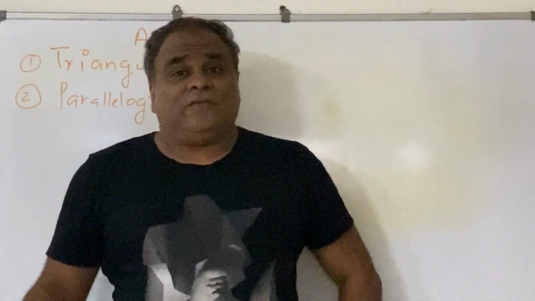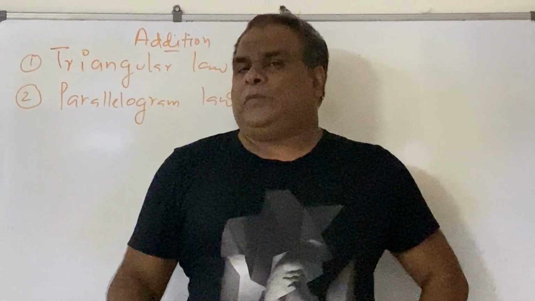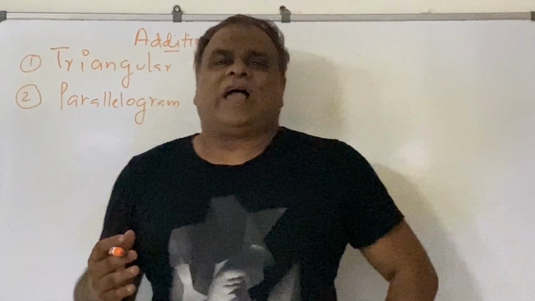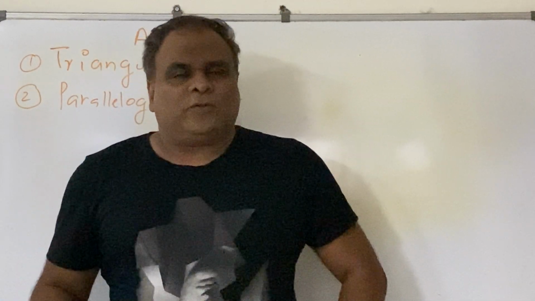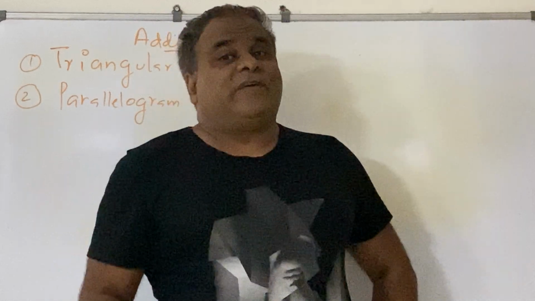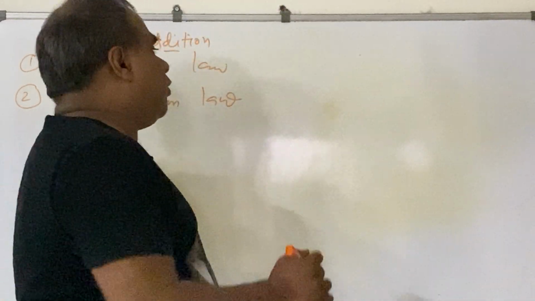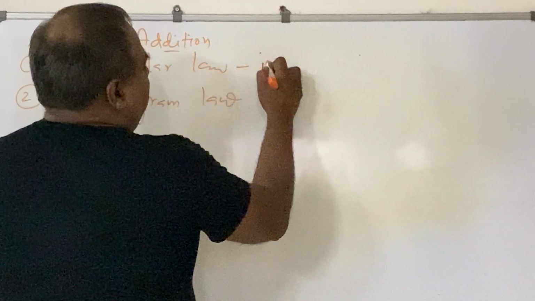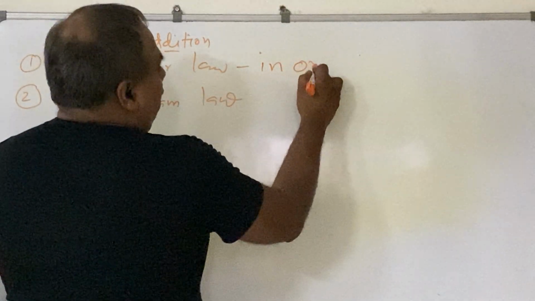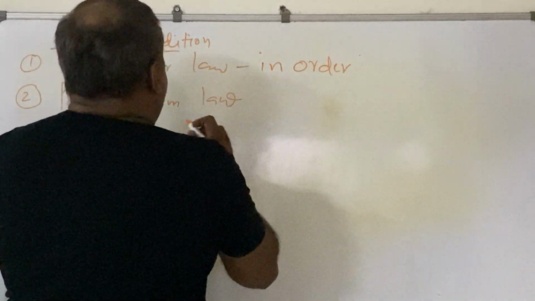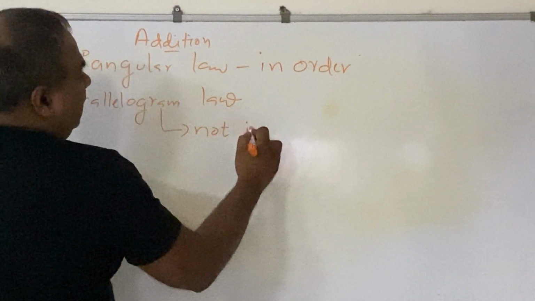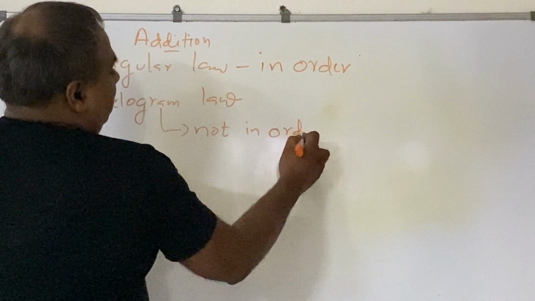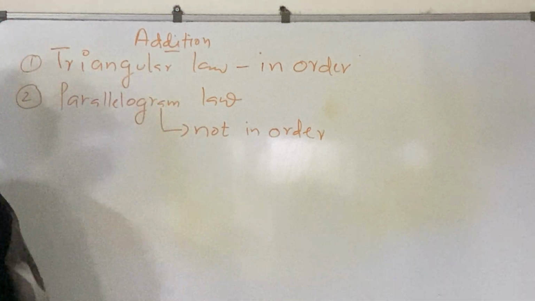In the last video we also discussed when we will go for the triangular law and when for the parallelogram law. The triangular law we use when the vectors are in order. If the vectors are not in order, we will use the parallelogram law.